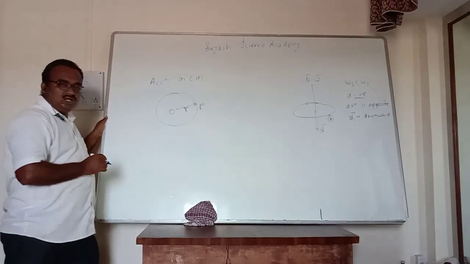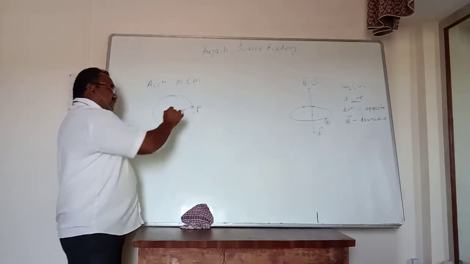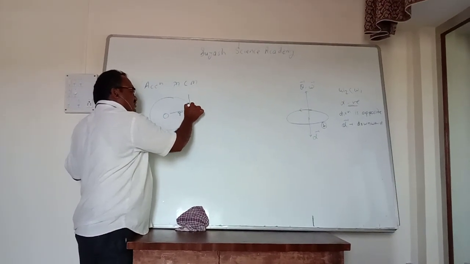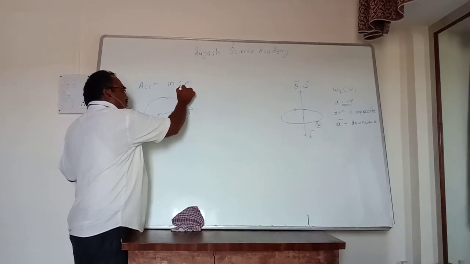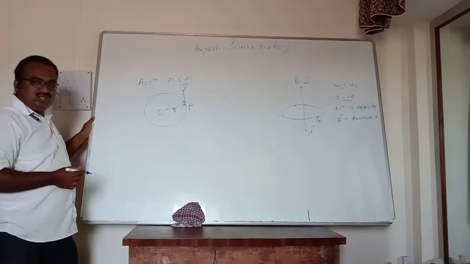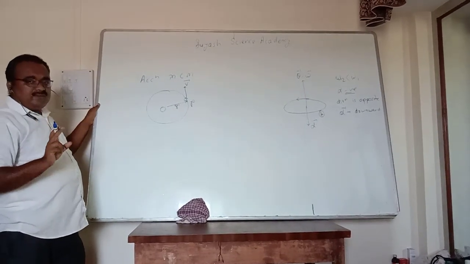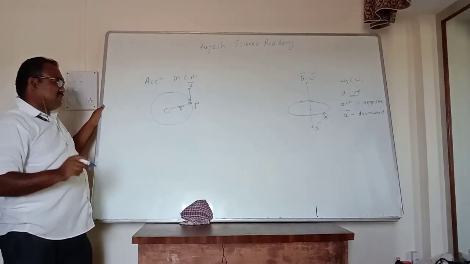In circular motion, suppose the particle is rotating in the anti-clockwise direction, the velocity is always tangential to this radius vector. So in circular motion there are two types of acceleration.